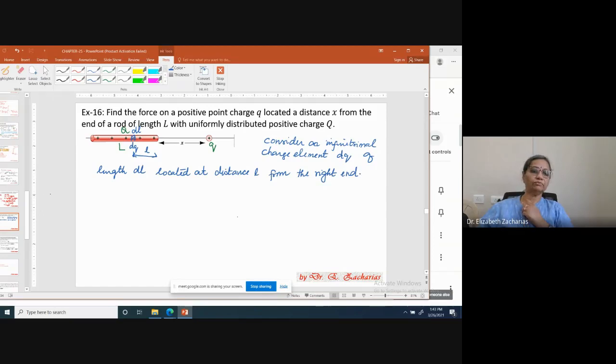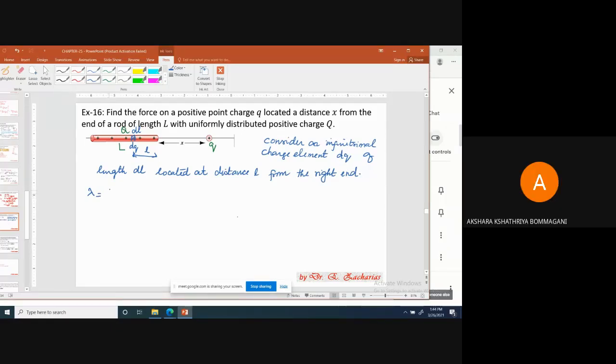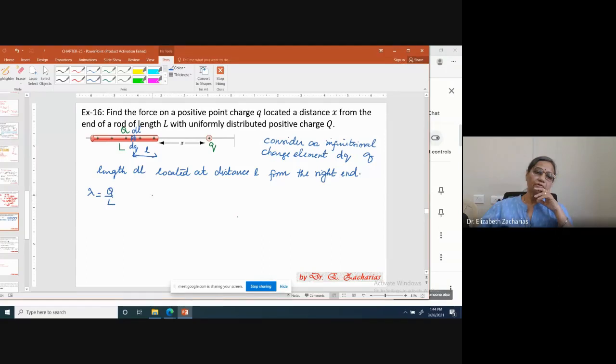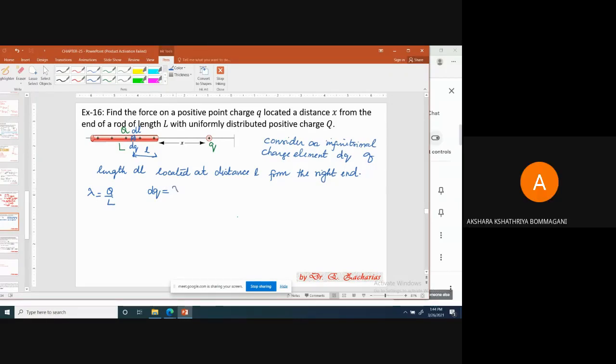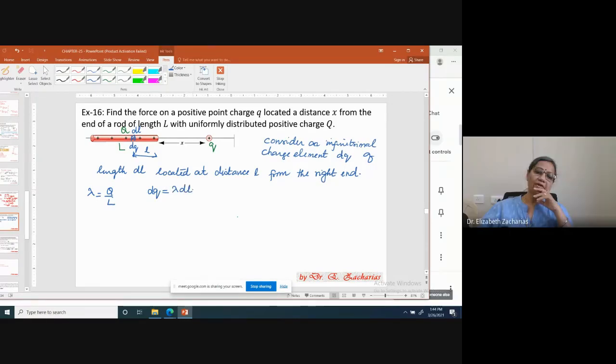Next, what do I do? First of all, do I know my lambda? Capital Q by L. Now, can I write my dq in terms of lambda? Yes, ma'am. Lambda into dl. Okay.